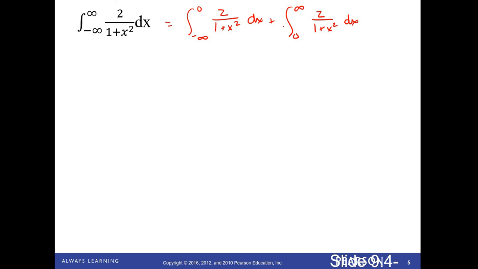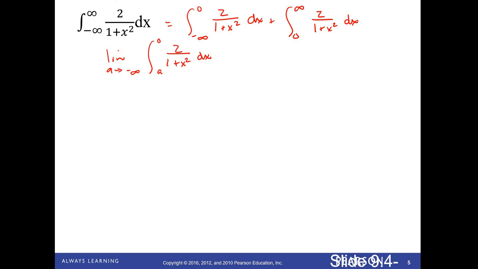Now, both of these need to be integrated individually with limits, so for the first part, I'm going to do the limit as a approaches negative infinity from a to 0 of 2 over 1 plus x squared dx.